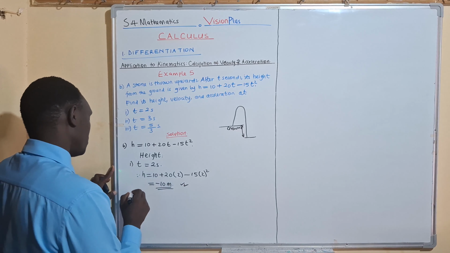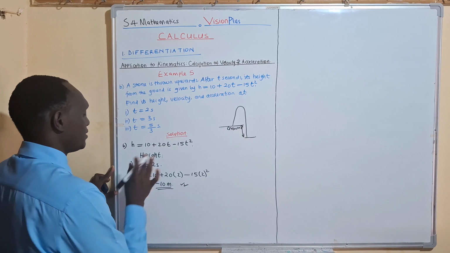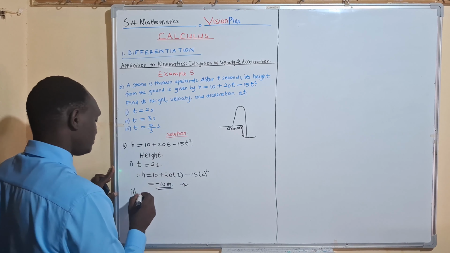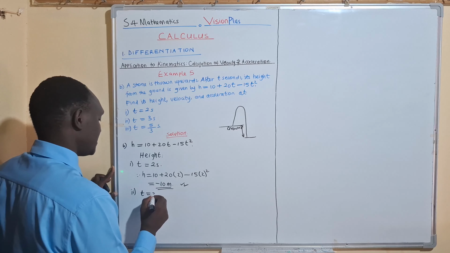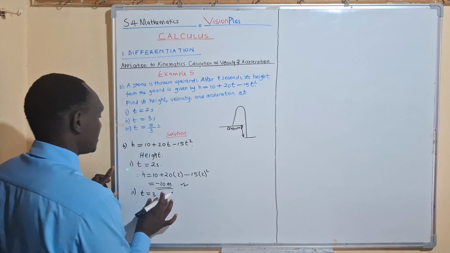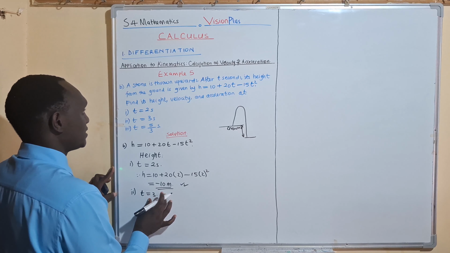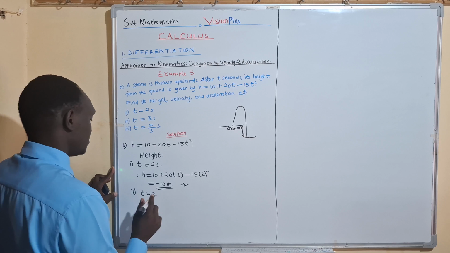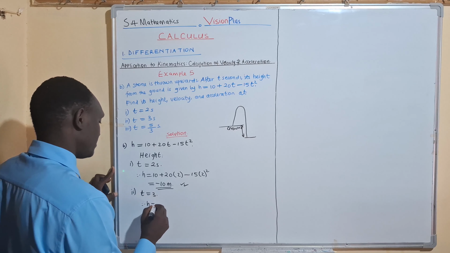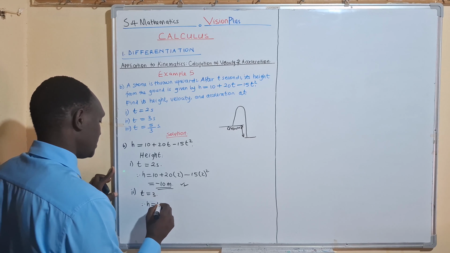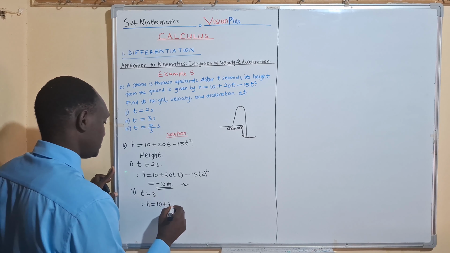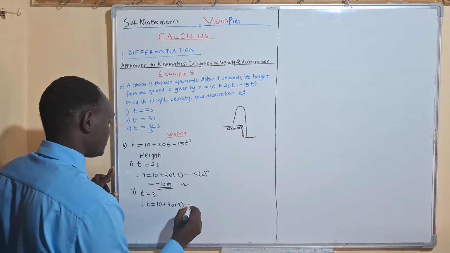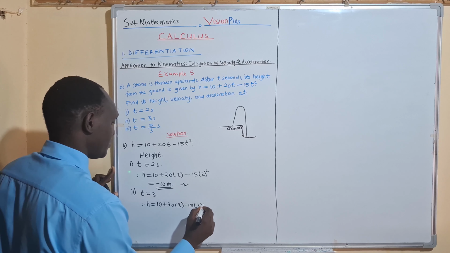Now, let us go to Roman 2, but still under height, when time is 3 seconds. When the time is 3 seconds, what is the height? So we say, therefore, our height here becomes, substitute for 3: 10 plus 20 times 3 minus 15 times 3 squared.